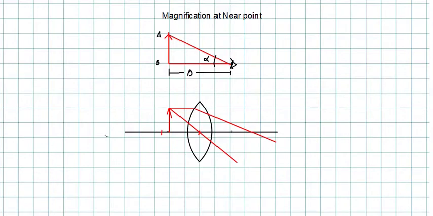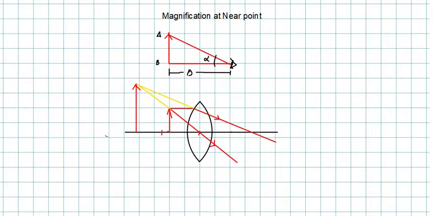These two rays, when extended, will meet somewhere behind the object, and this is our final image, which is enlarged and magnified, whose height is greater than the object size. Now, we need to find out its magnification.